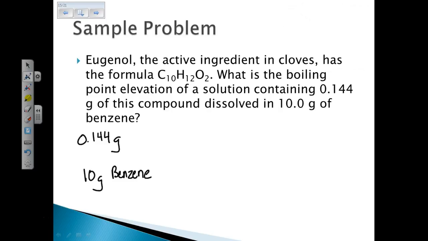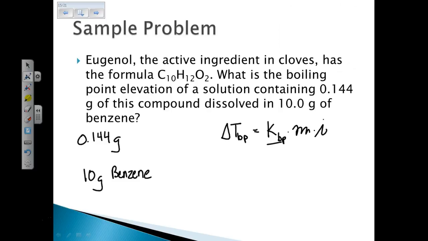Now, in order to do this problem, we're going to do the change in boiling point. Capital T is temperature, but when you put that sub BP there, that's the boiling point. So the change in boiling point is equal to KBP, that constant, times the molality, and I'll use a script M there, and then times the Van 't Hoff factor. And we're going to have to at the very least look this up.